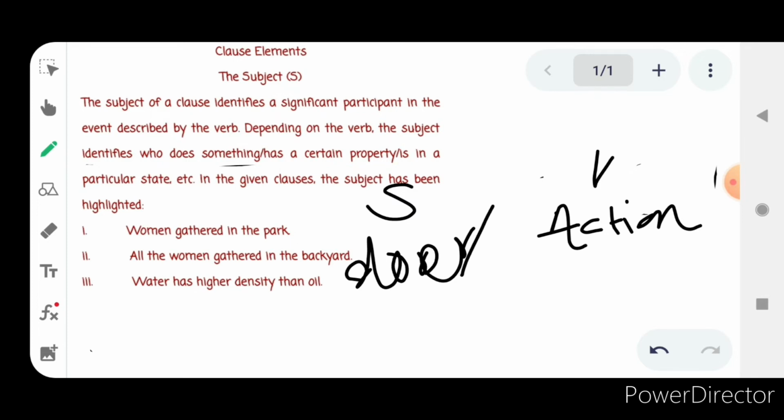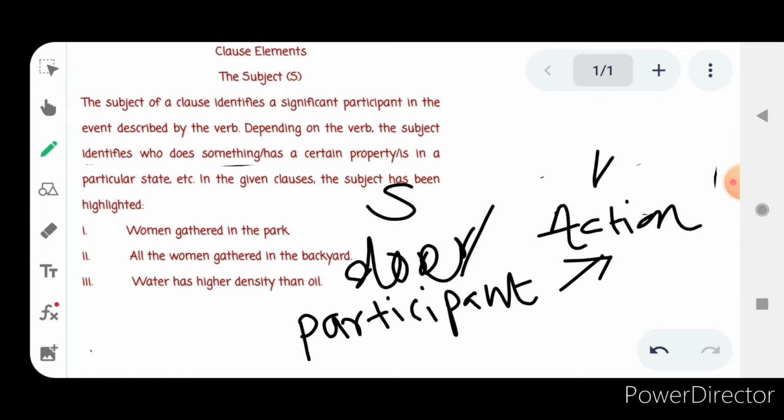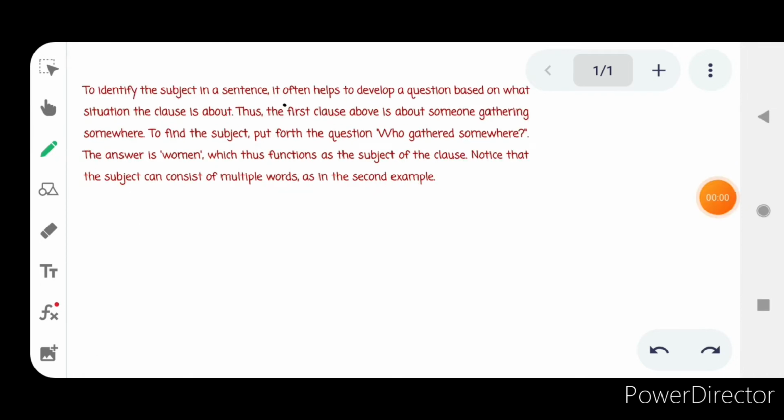Instead of calling him the doer, because sometimes in passive voice he is just a passive person, we can't call him a doer all the time. We can say a participant. Who is the participant in this action? Now we have understood that a subject plus a verb plus something structure is required to form a clause and ultimately a sentence.